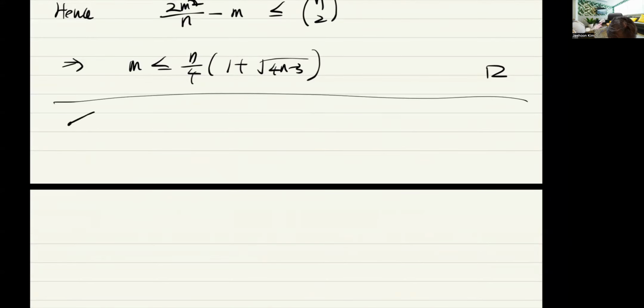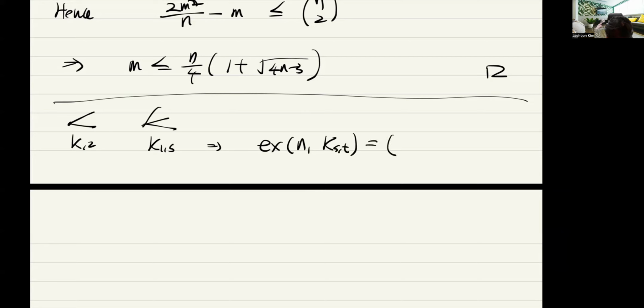Instead of counting K_{1,2}, we can count K_{1,3} or K_{1,4}, etc. And that yields that for the extremal number of a complete bipartite graph, you can prove an upper bound.